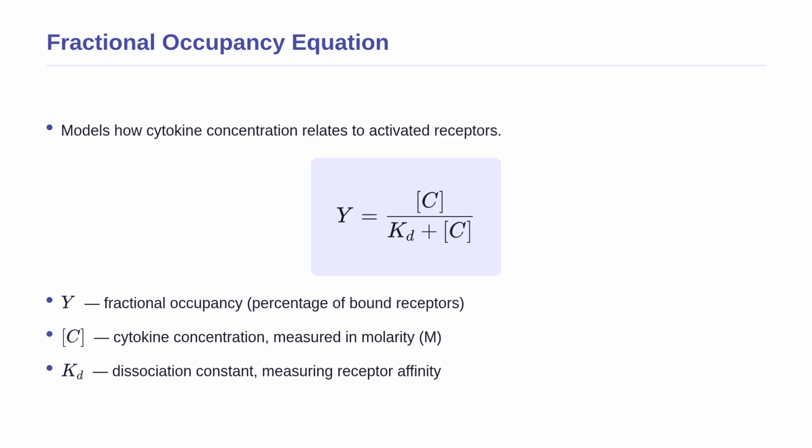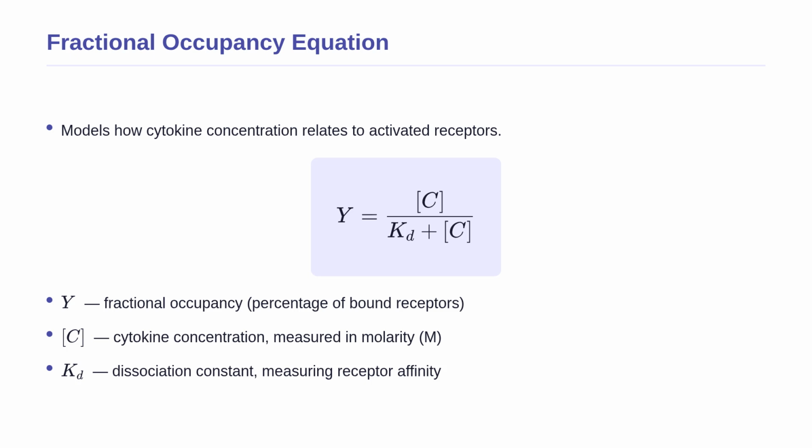To model this receptor binding mathematically, we use the fractional occupancy equation. This formula comes from the principles of biochemistry and describes the relationship between the cytokine concentration and the percentage of activated receptors. In this equation, Y represents the fractional occupancy, which is the fraction of receptors bound to a cytokine.